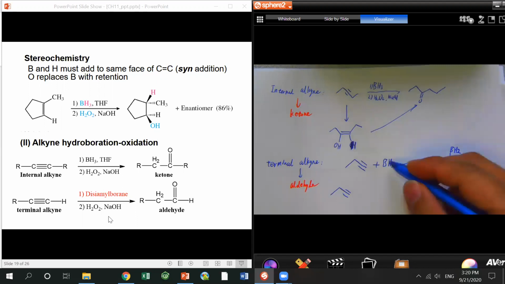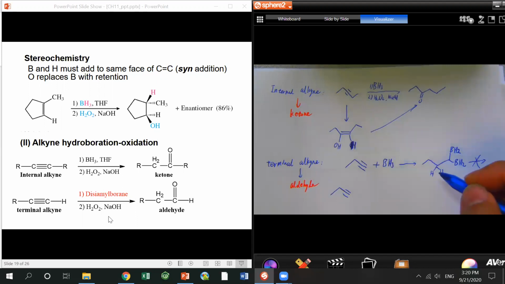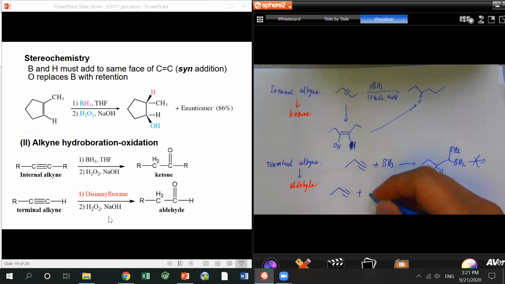So we cannot use regular boron. In this case, people use disiamylborane. Disiamylborane has a structure like this.